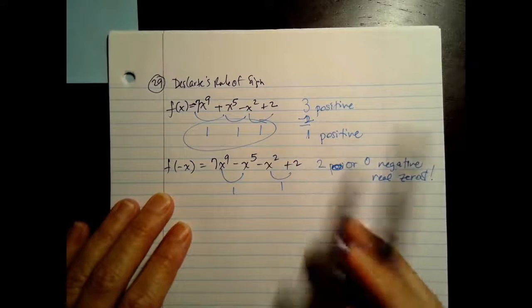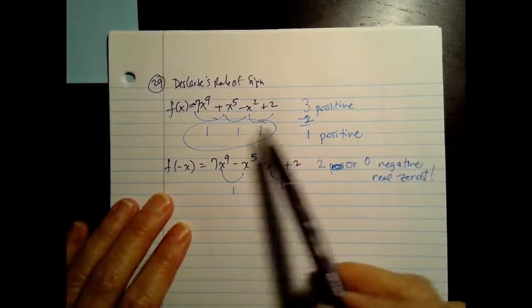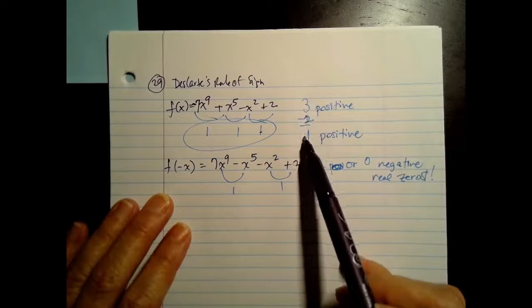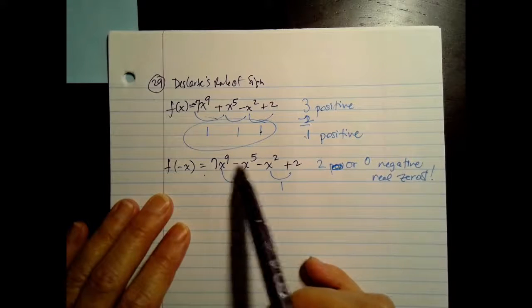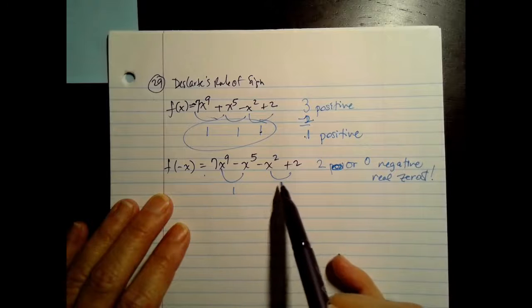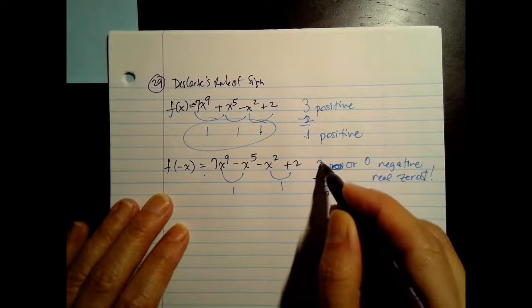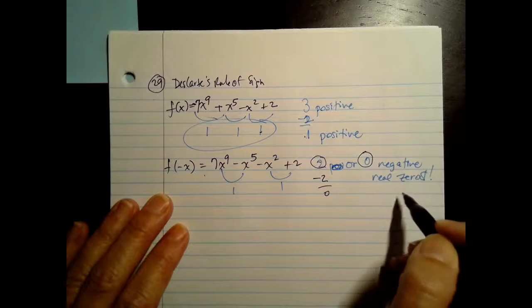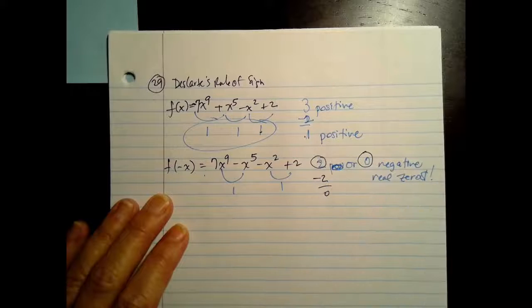So this is for your positives. So look at your sign changes of the original. There were 3 sign changes and you subtract 2. Okay. And then substitute in your minus x and then check your sign changes. You had 2 sign changes. So 2 minus 2 is 0, and so that's why we said we either have 2 or 0 negative real solutions. And we have 3 or 1 positive real solution. So those are your answers.